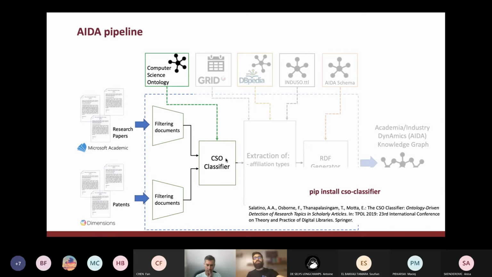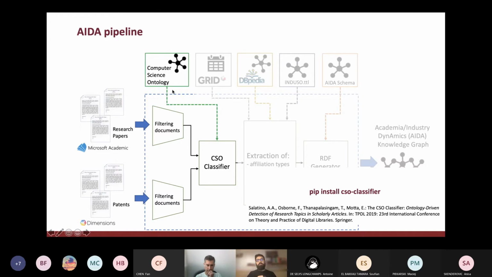The computer science ontology you can think of as a controlled vocabulary. In this vocabulary, there is the list of all possible topics in computer science that can be potentially inferred. The CSO classifier looks at the content of the paper or the patent, and then maps it to the topics within the computer science ontology.